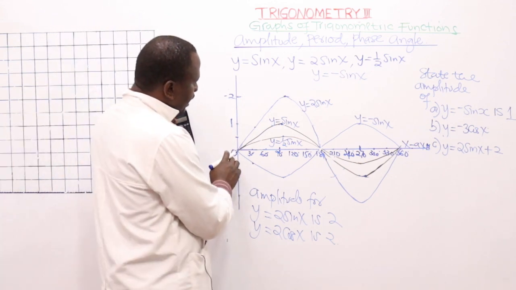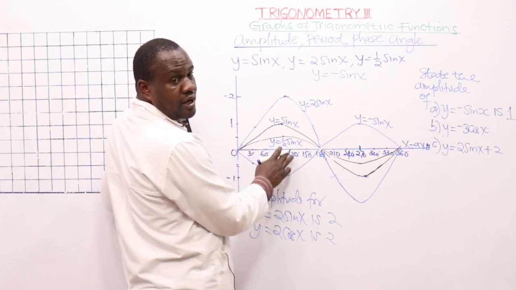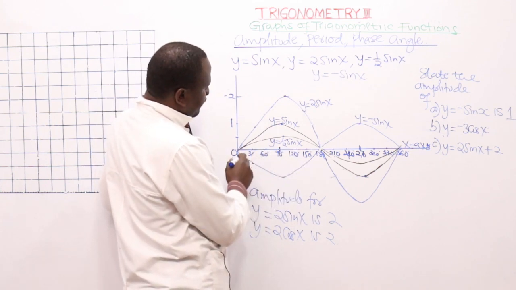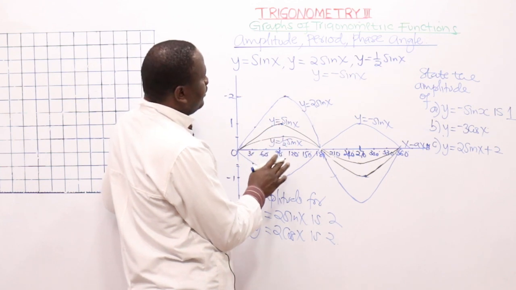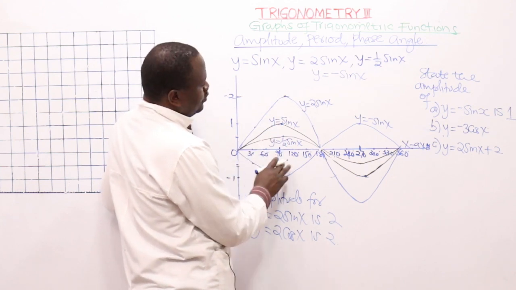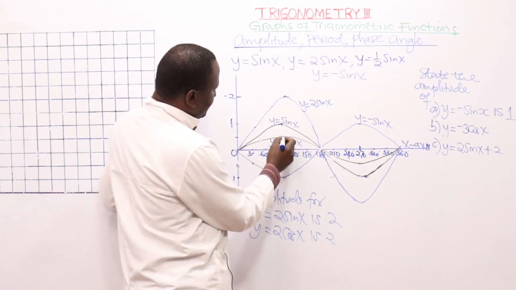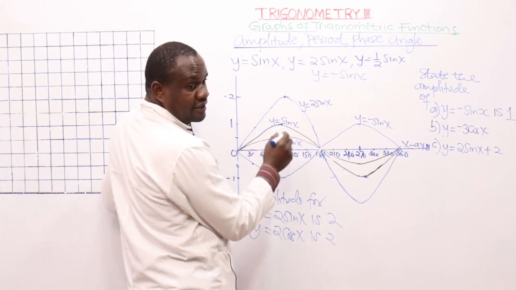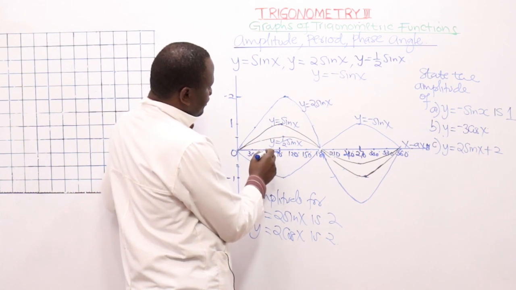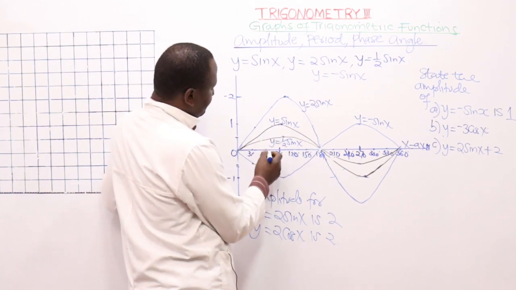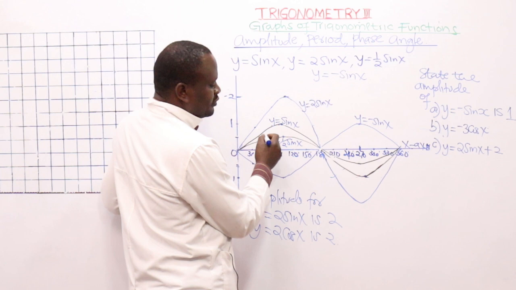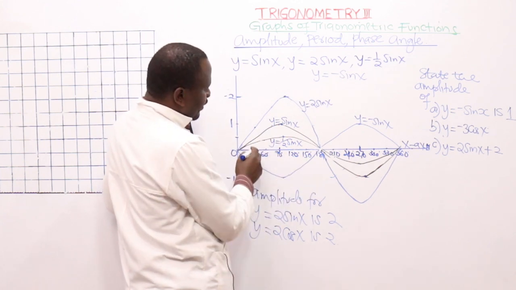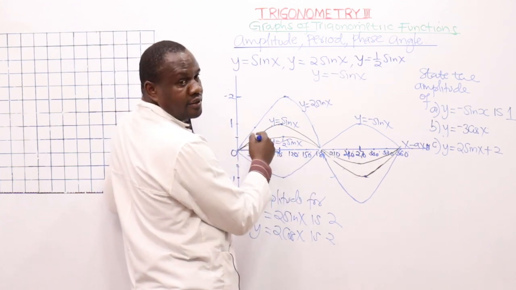So let's look at y is equals to a half sine x. For every value of y, you divide by 2. So 1 becomes 0.5. 0.866 becomes 0.433. And so on and so forth. 0.5 becomes 0.25.